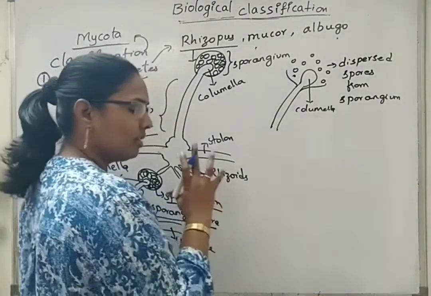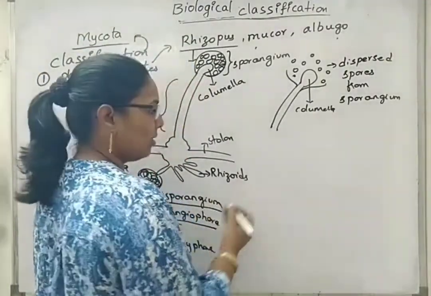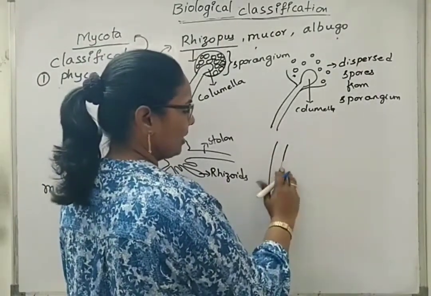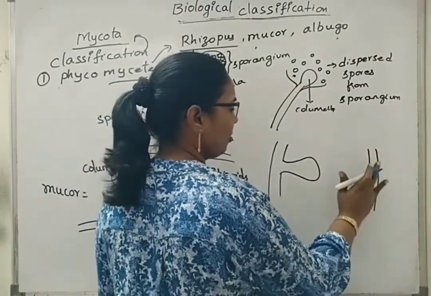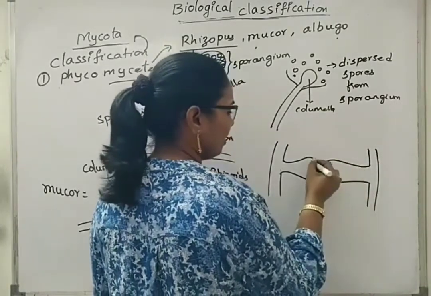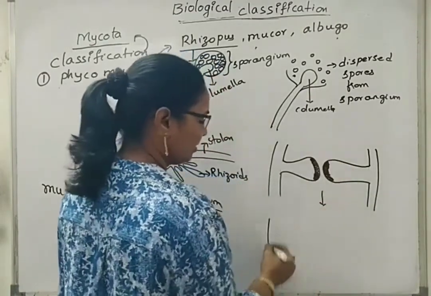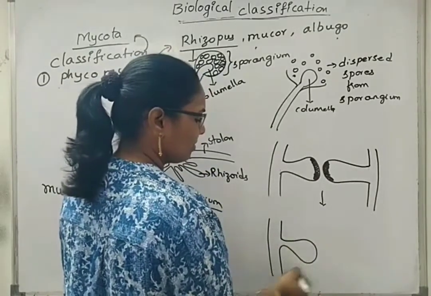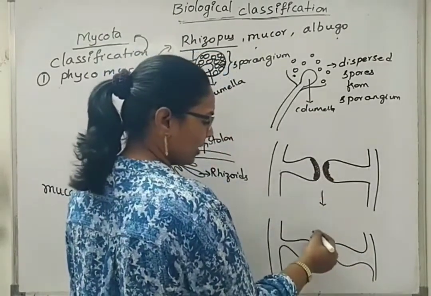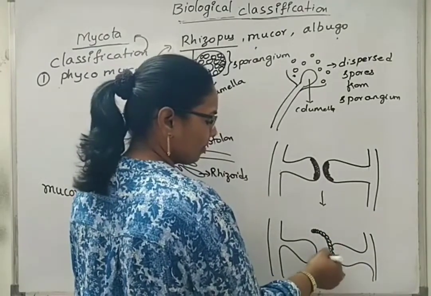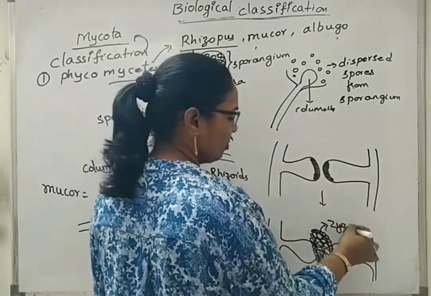Now, when Rhizopus or Albugo or Mucor undergo sexual reproduction, the hyphae protrudes a special type of extension toward the neighboring hyphae of another Rhizopus or Mucor. These protruded parts later get fused, and this part gets separated, forming a zygospore.